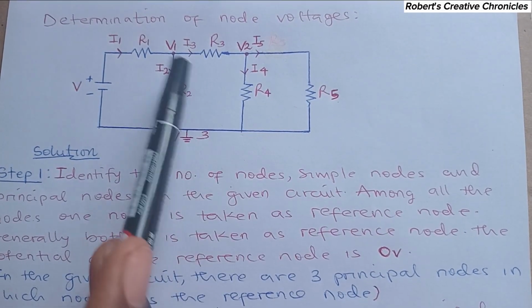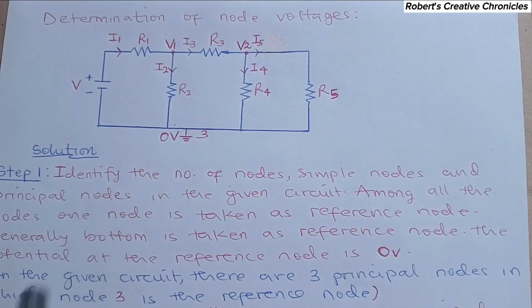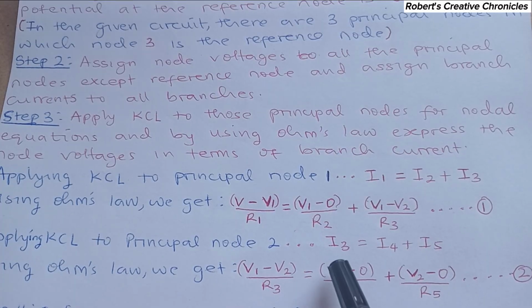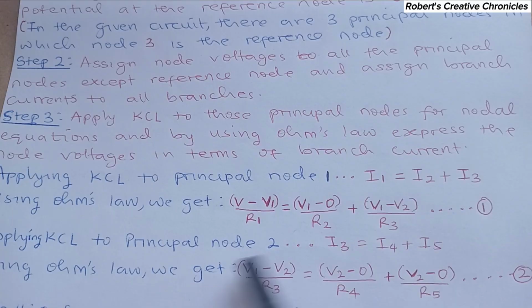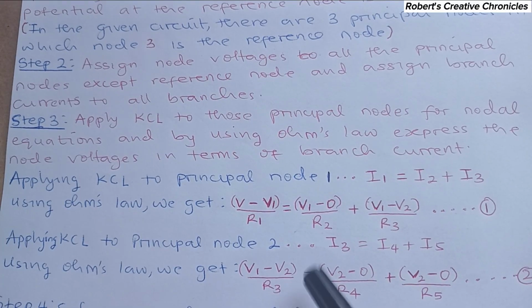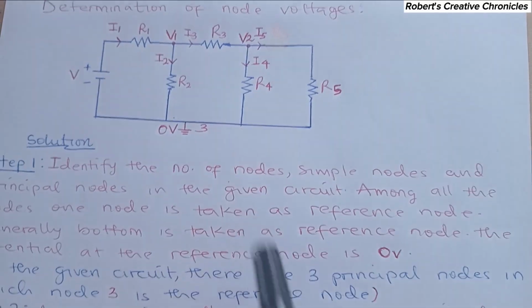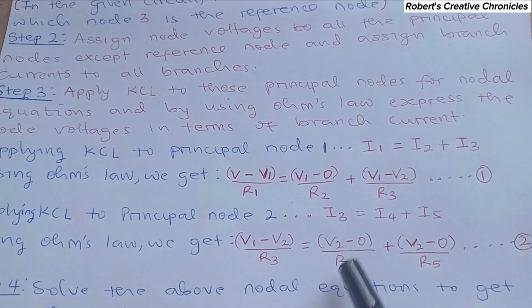Now I3 is V1 minus V2 over R3. So this one is KCL, this one is Ohm's law. Then I4 is V2 minus 0 over R4.